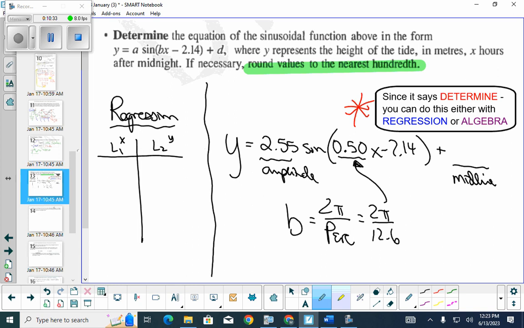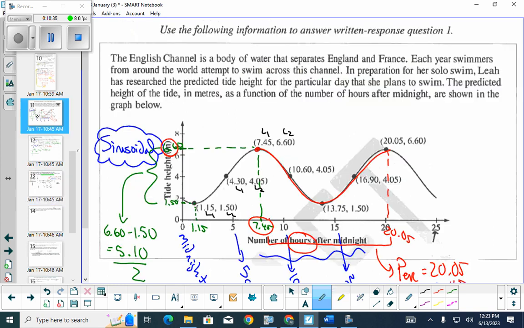If we go back to our picture, we know that we're going to come down that 2.55 or we come up the 2.55. So if you go 6.6 minus 2.55, or if you go 1.5 plus 2.55, either way, you should land at 4.05.